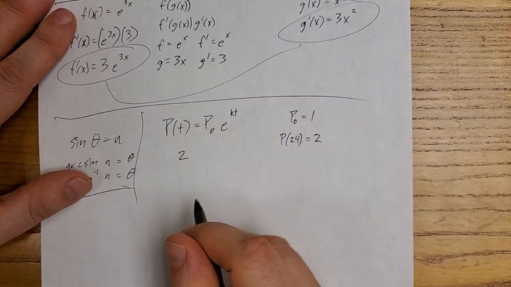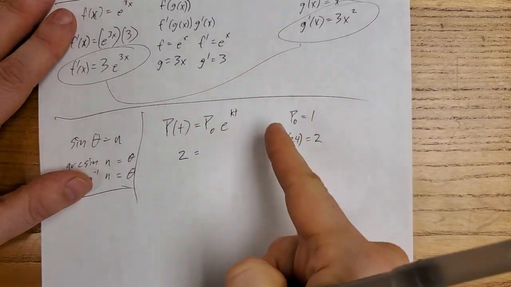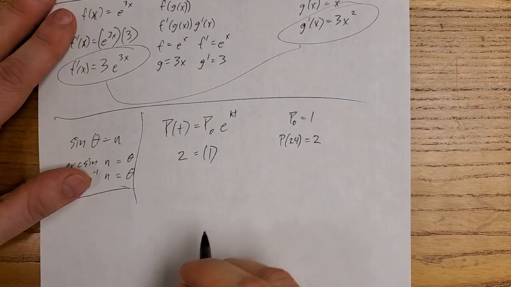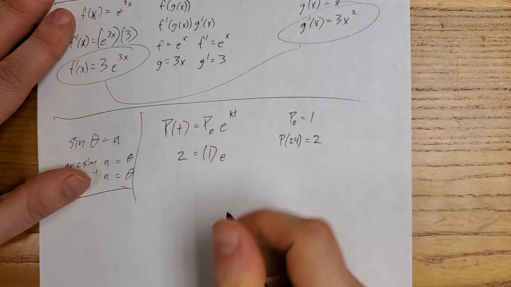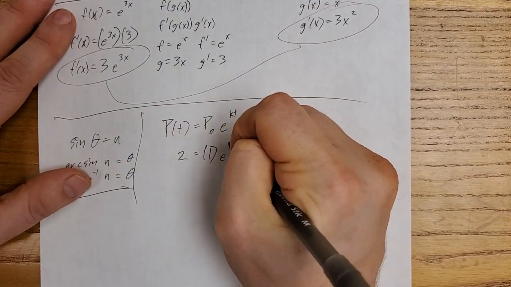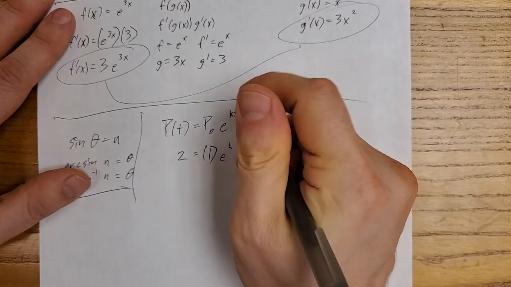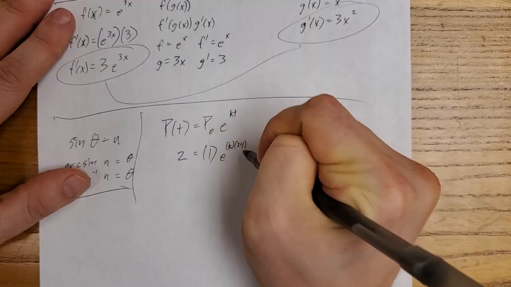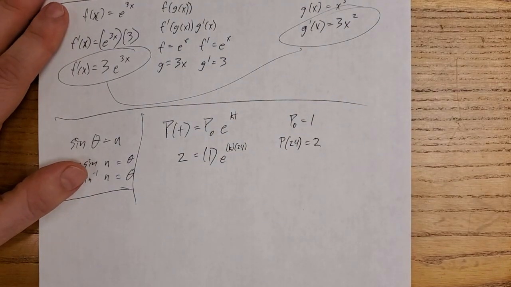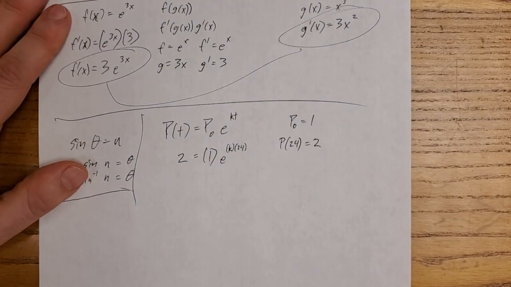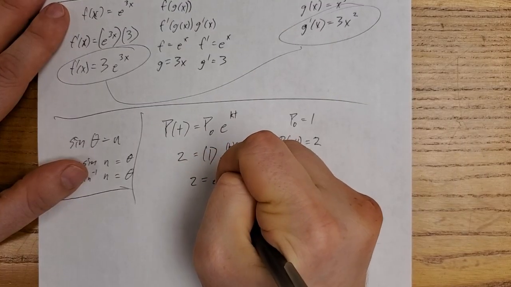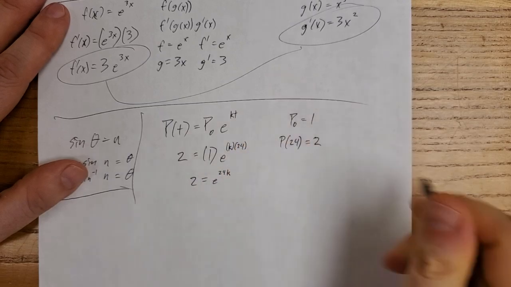P of 24 equals 2. P sub 0 is the 1 times e to the power of k times the t, that 24. So we have, simplify a little bit, 2 equals e to the 24k.